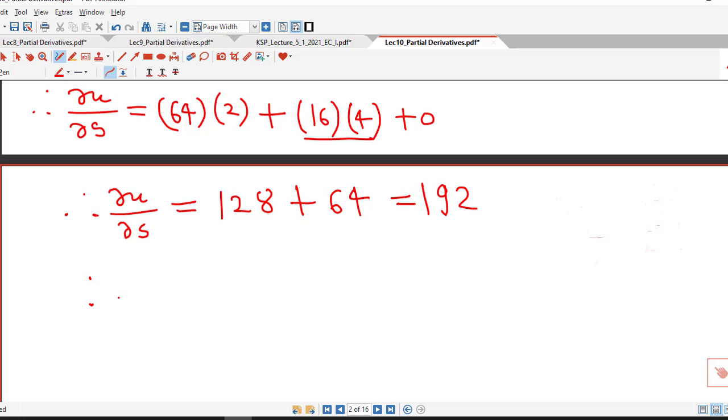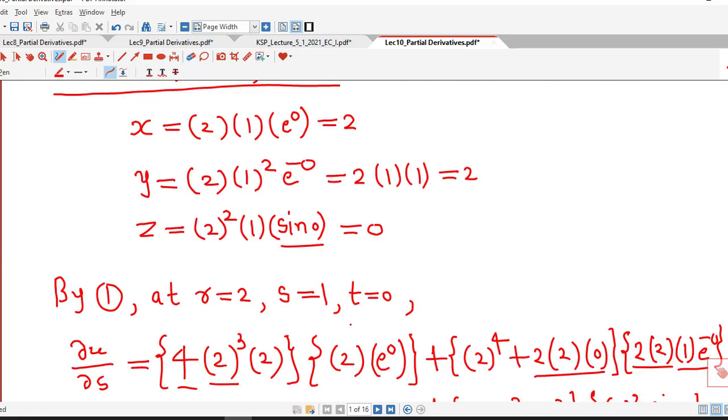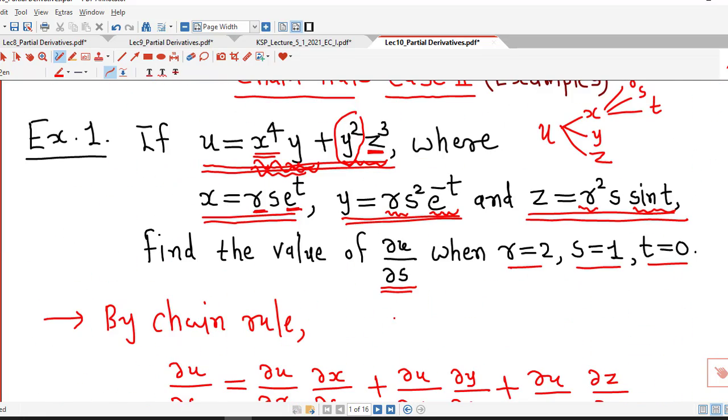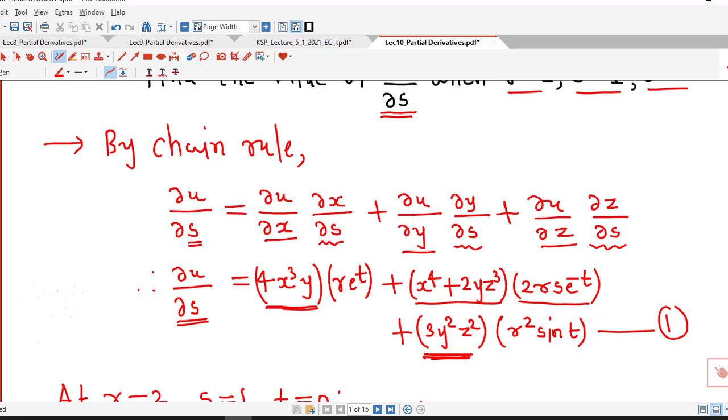So this is the value of del u by del s at r equal to 2, s equal to 1 and t equal to 0, 192. So in this way we can use chain rule to calculate this type of partial derivatives.